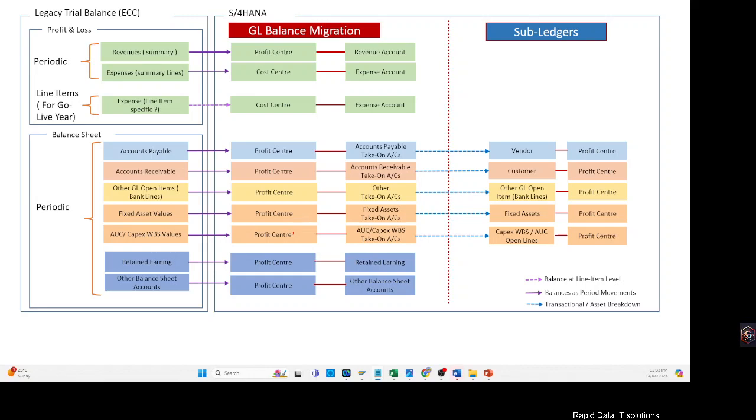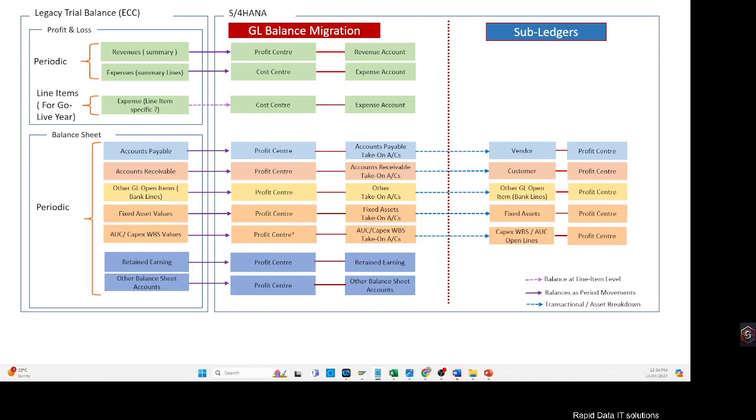Especially a lot of customers are moving from the ECC into this S4 world, and the migration consultants should have some good understanding of migration of various financial data objects, be it ledger or subledger, and also they should understand the reconciliation process between the ledger and subledger as well, and how various techniques or technical accounts should be utilized for the migration purpose, and how they should be controlled and reconciled as well.